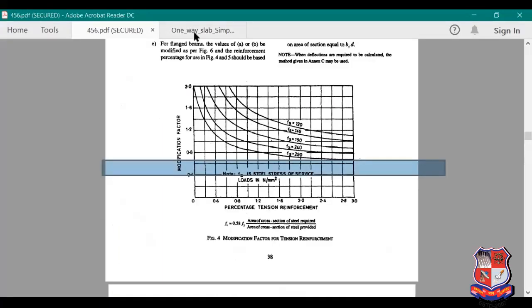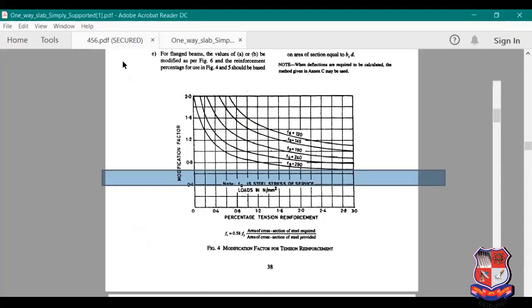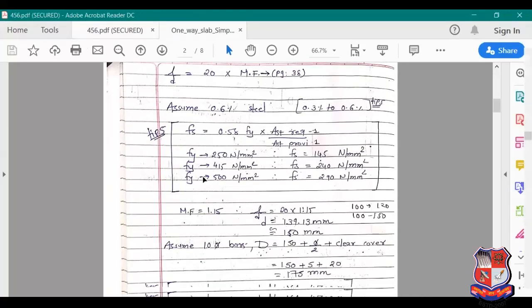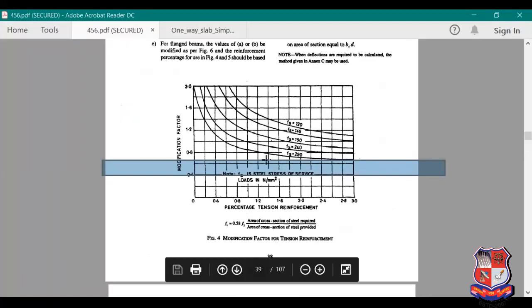So in my case, the modification factor is equal to 1.15, because my fs is 240. So let's take the 240 curve and assume 0.6 percent steel.